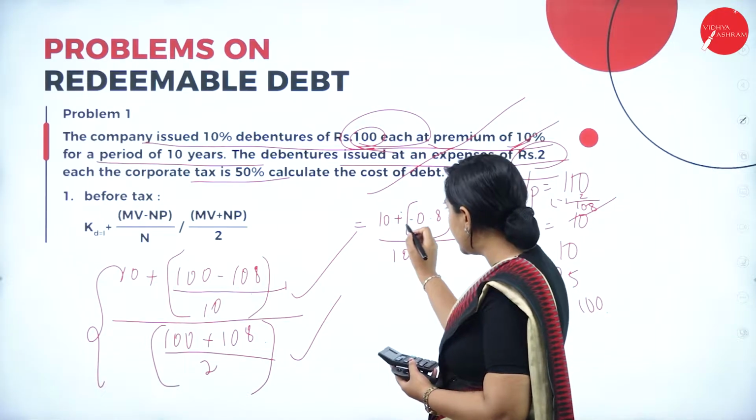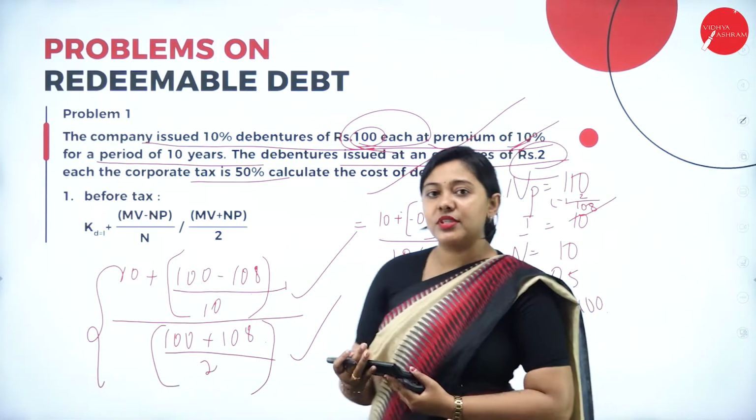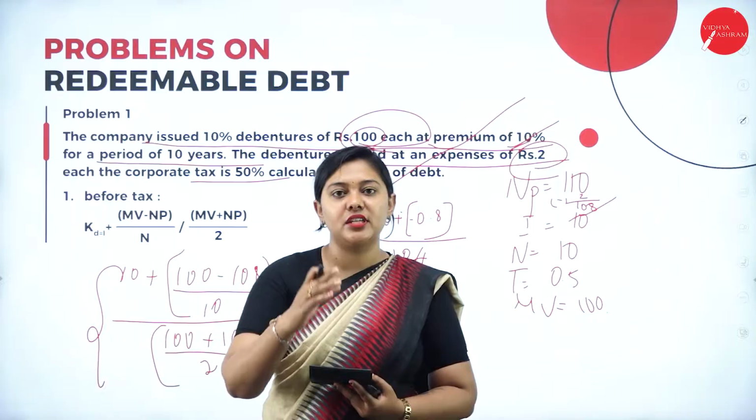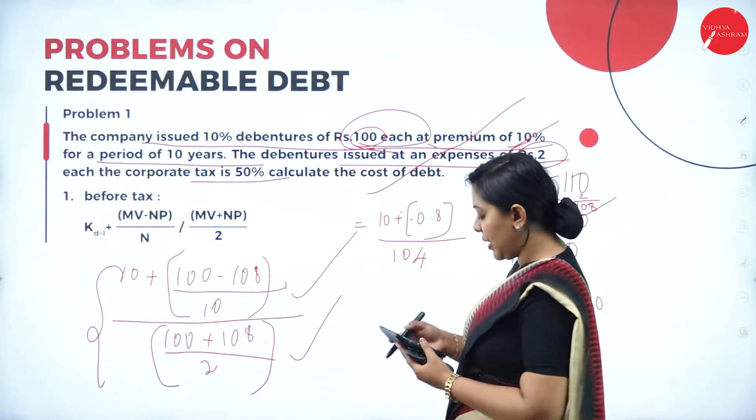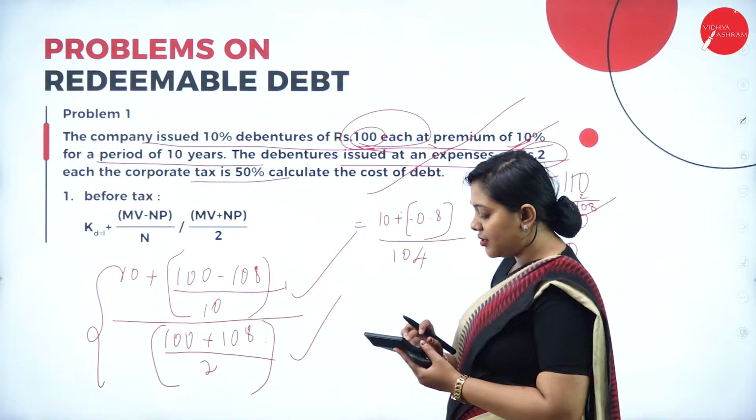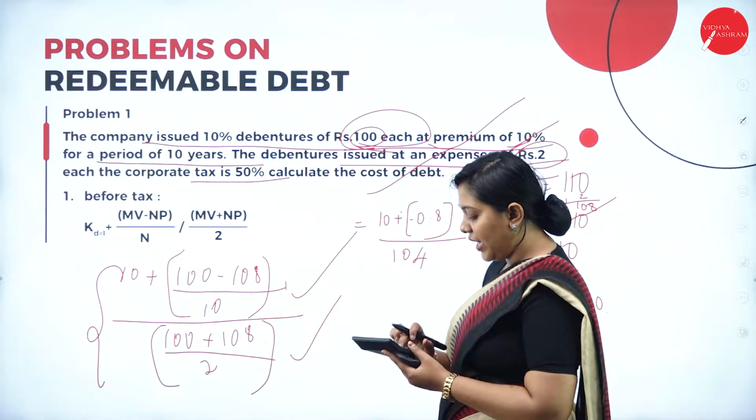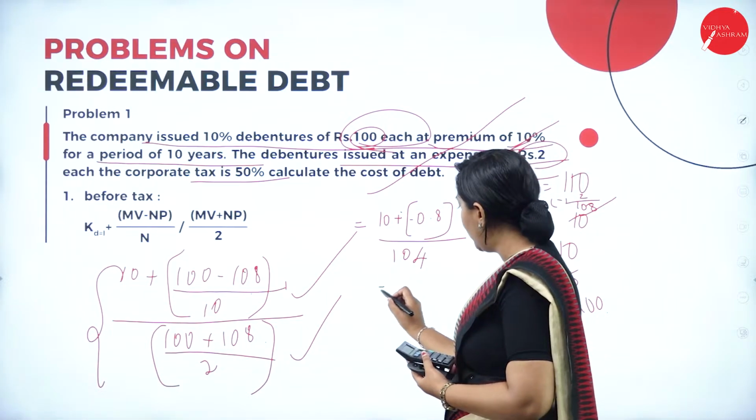Plus into minus, it is minus, but the greater number's sign is plus, that is 10. So plus into minus, minus. So 10 minus 0.8, it is 9.2.